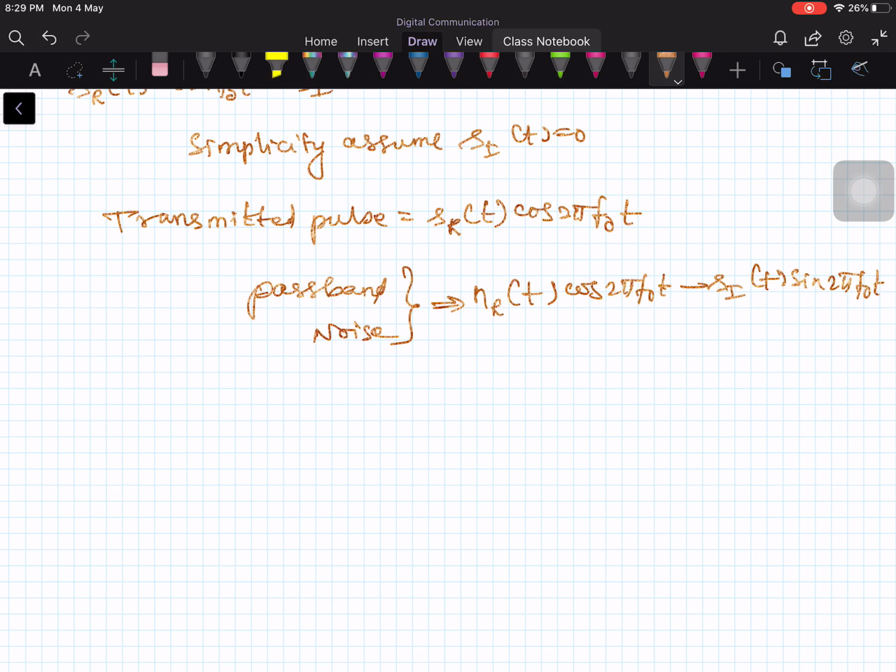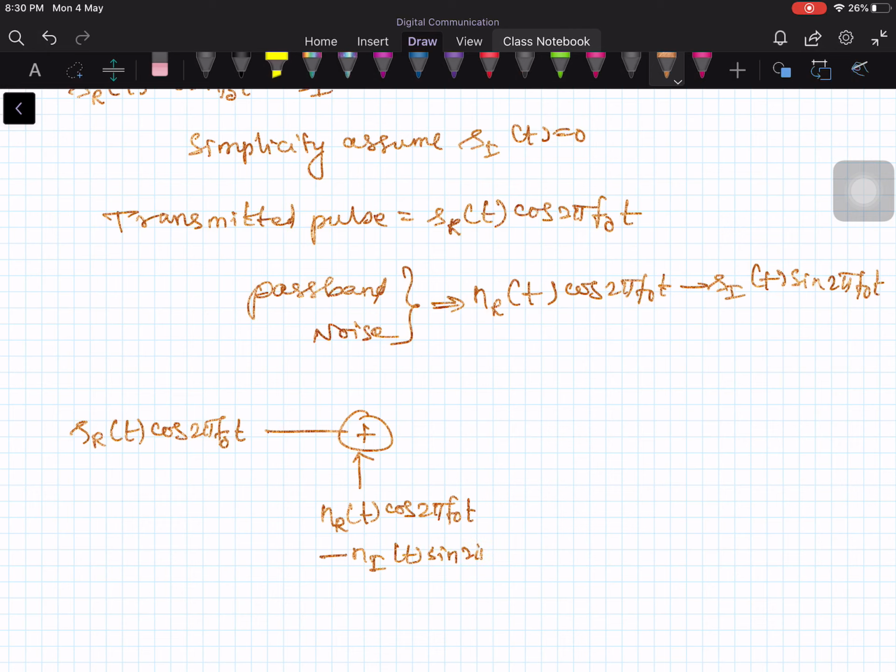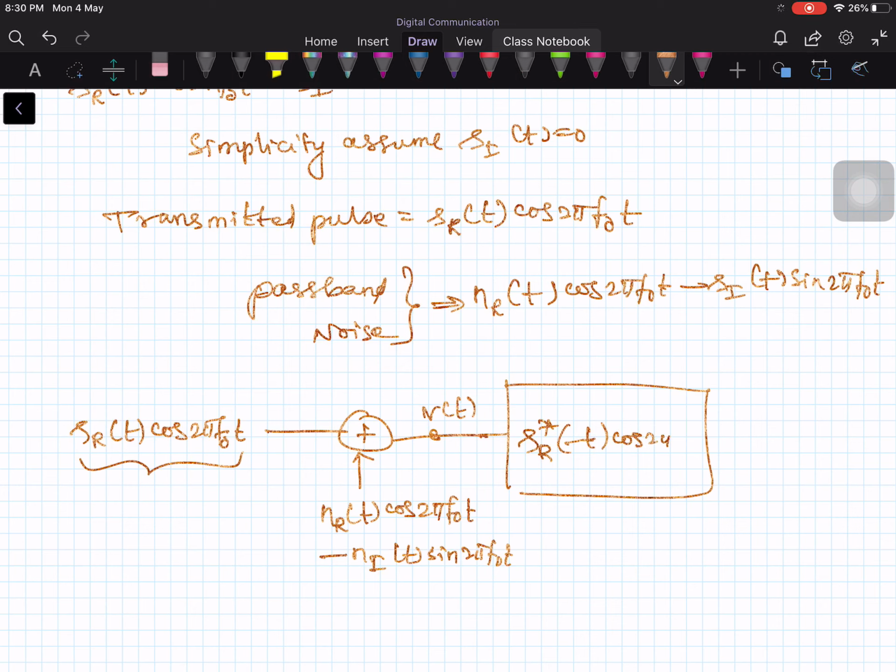So you transmit s sub r of t times cosine of 2 pi f naught t, then the noise will add here: n sub r of t times cosine of 2 pi f naught t minus n sub I of t times sine of 2 pi f naught t. This is your v of t, and this v of t is given to the matched filter. Since you have only one component, let me put s sub r of minus t times cos of 2 pi f naught t, and this is my output u of t.